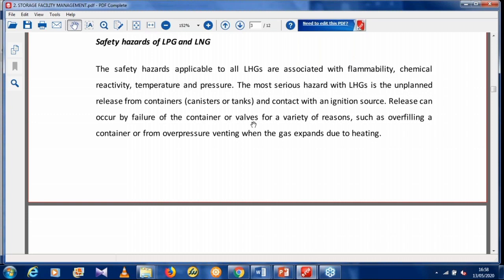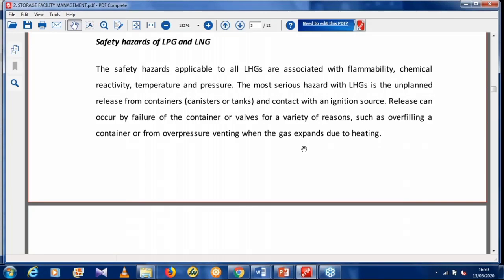They are highly flammable, and with the slightest leakage you could have an explosion once there's a naked flame anywhere around. Even a spark can lead to that.